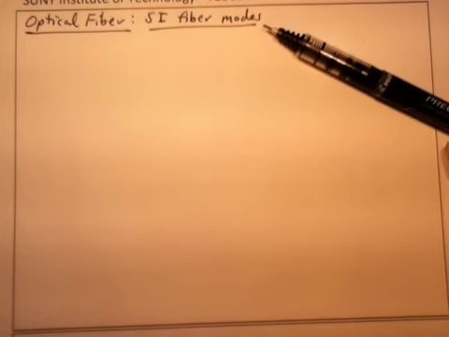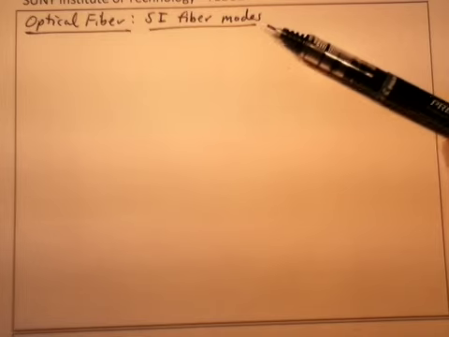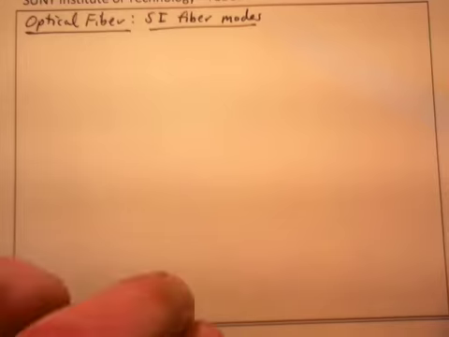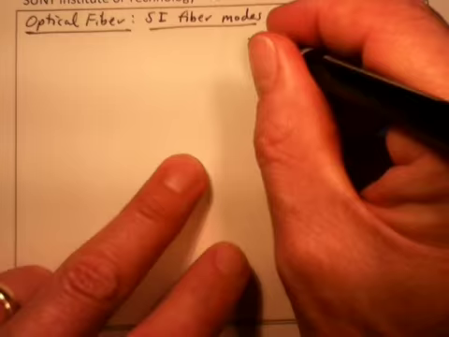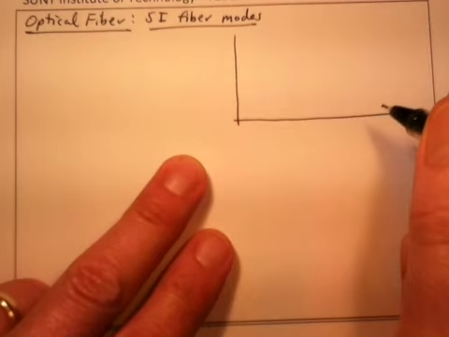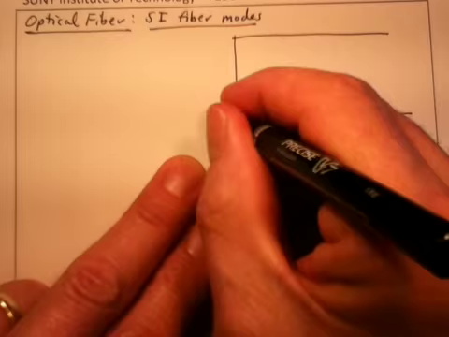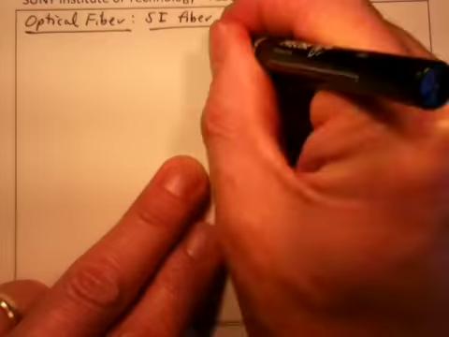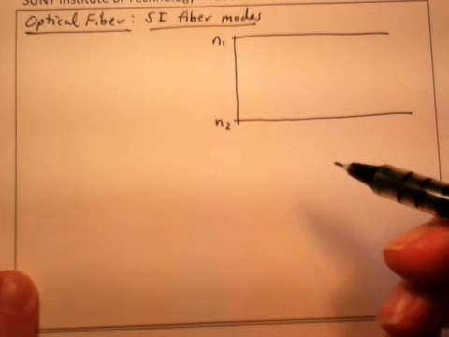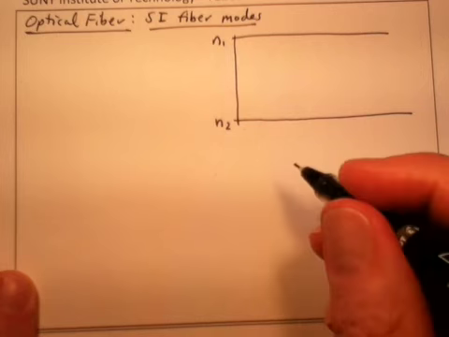And so we always have the symmetric case. You'll recall that for the slab we had the symmetric slab and the asymmetric slab. We're always in the symmetric case. And so our mode diagram is still going to range from N2 up to N1, where N1 is the index of the core, N2 is the index of the cladding.